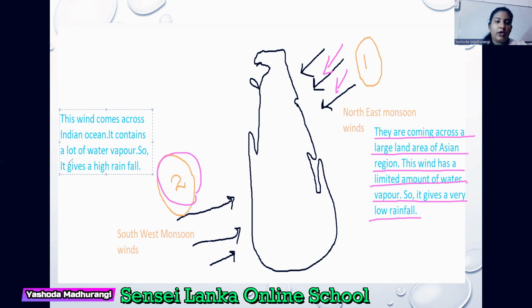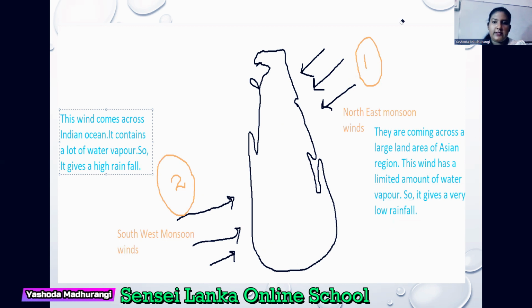It contains a lot of water vapor, so it gives a high rainfall. Number 1, northeast monsoon gives rainfall to the northern and northeastern part. Then the second one, southwest, gives rainfall to the western and southwestern part. This is about the two monsoon rainfalls.